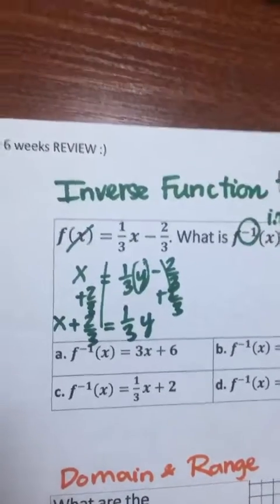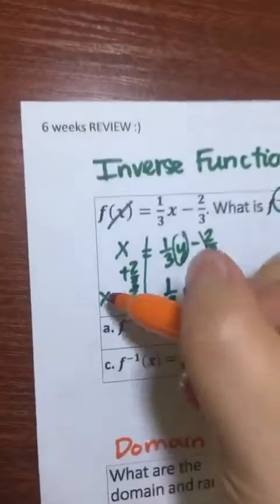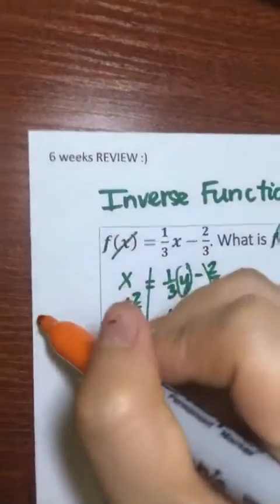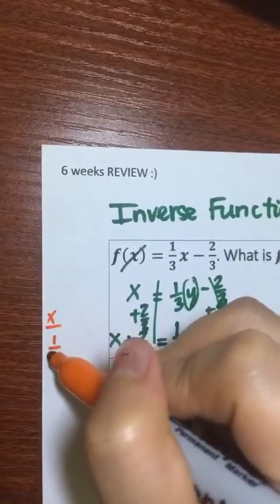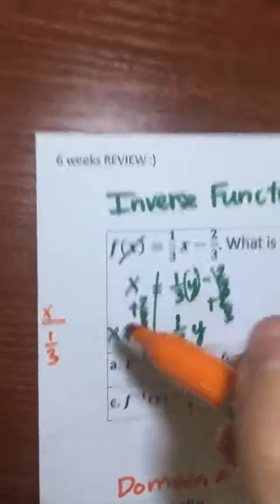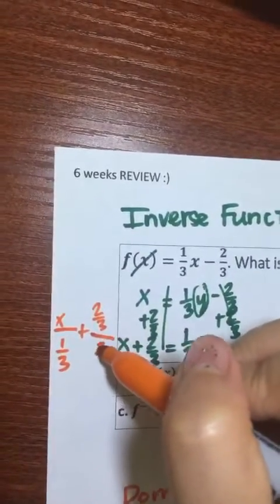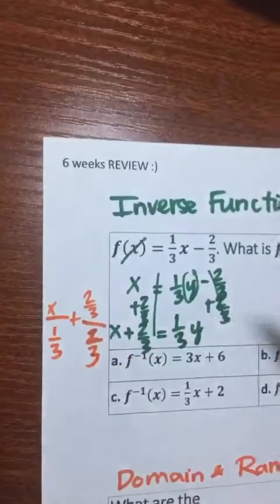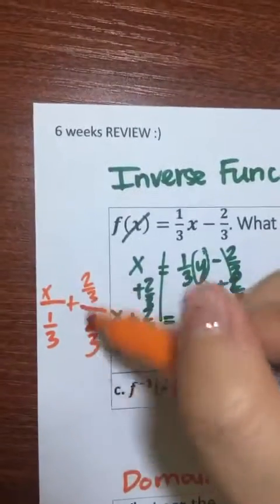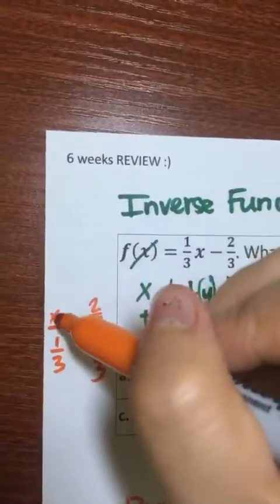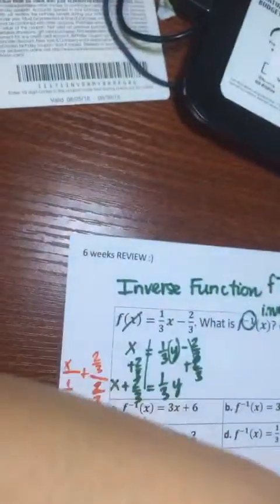Once you divide, you're gonna have x divided by 1 over 3 and then plus 2 over 3 divided by 1 over 3. When you plug in the calculator, make sure you put them correctly.